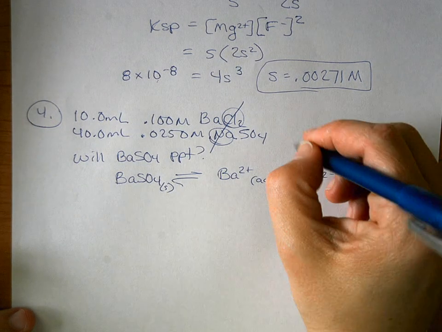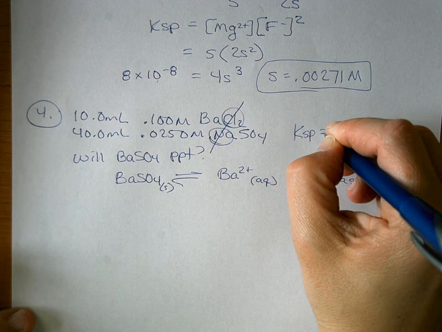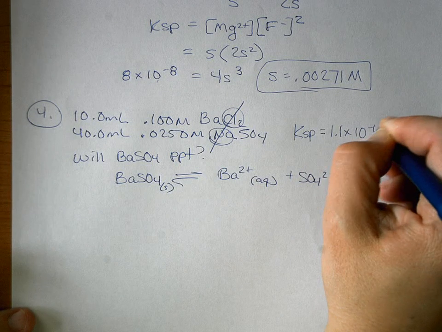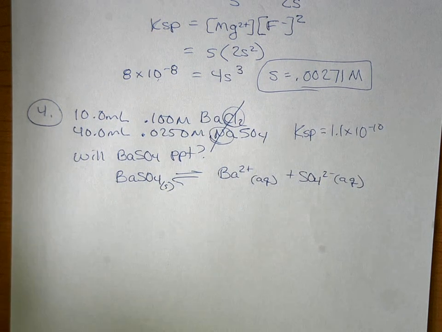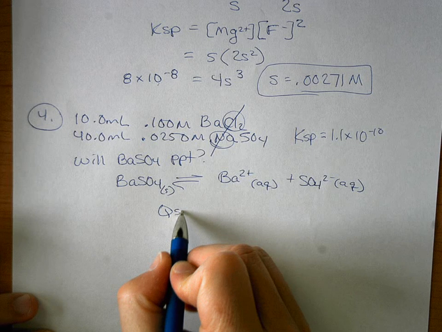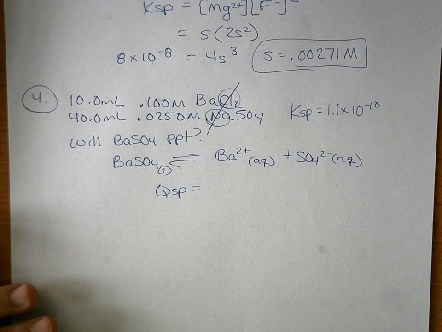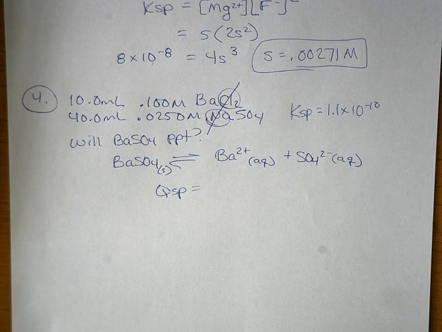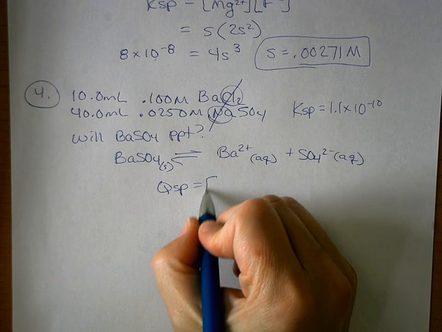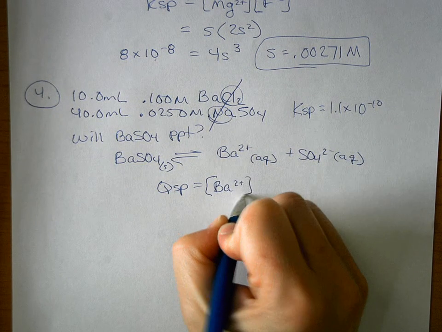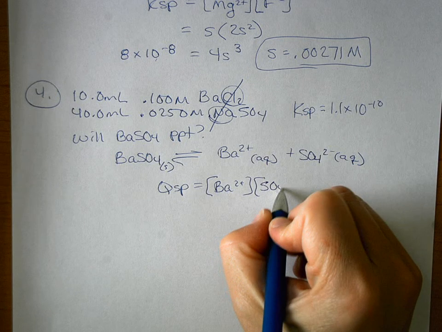I'm also given Ksp for barium sulfate is 1.1 times 10 to the negative 10. If I write out my expression for Qsp, which is calculated the same way you would calculate Ksp, you just plug in actual values versus equilibrium values. So it would be my concentration of barium multiplied by my concentration of sulfate.